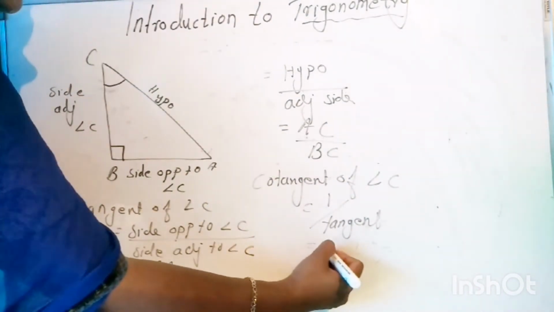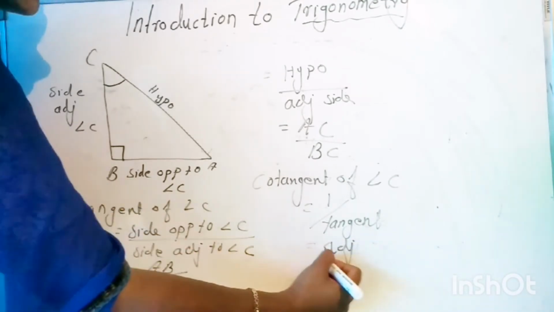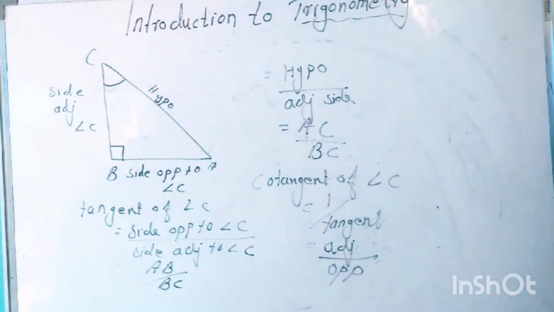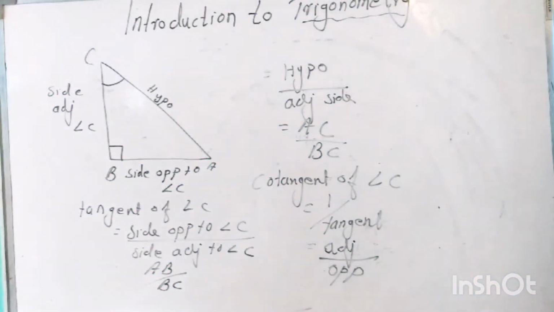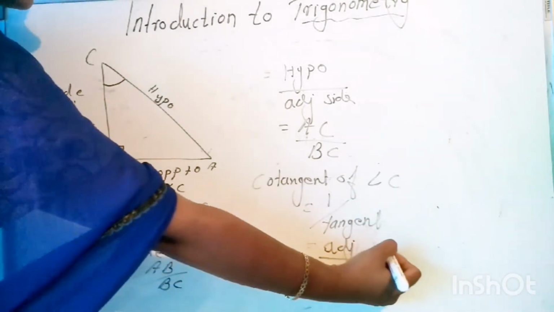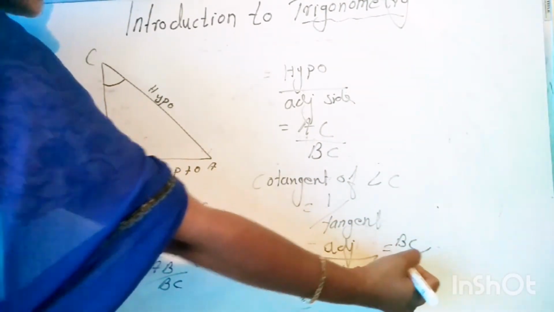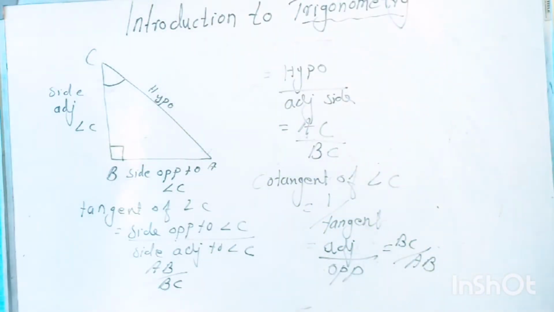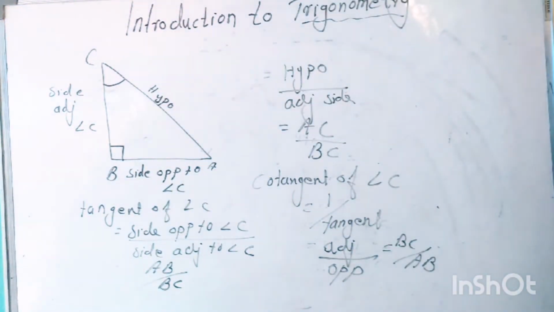Then cotangent is adjacent side divided by opposite side. And what is adjacent side? BC. So the cotangent of angle C is BC divided by AB.